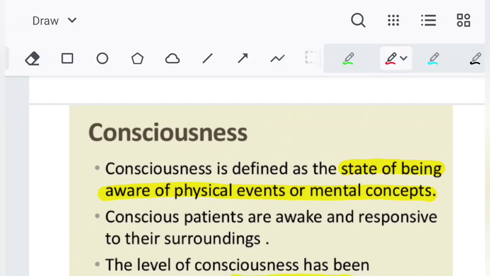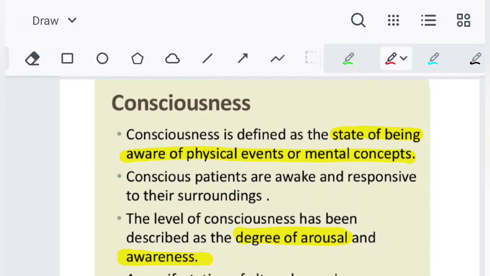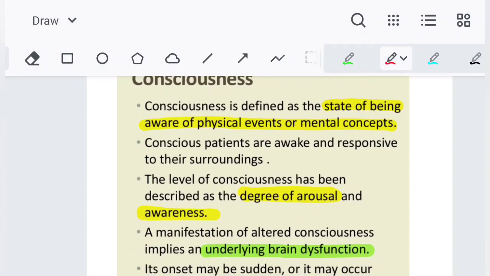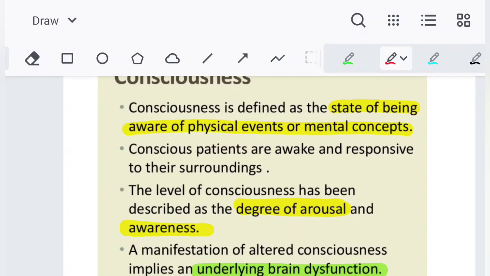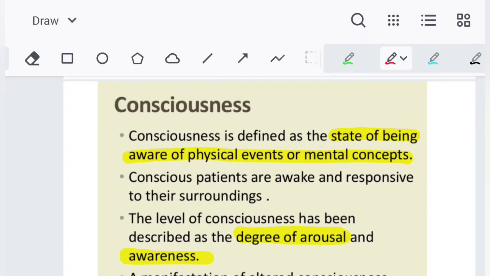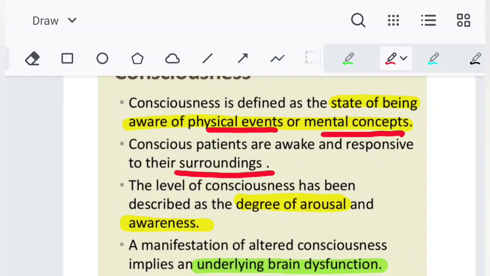So first let's define what is consciousness. Consciousness is defined as being the state of being aware of the physical events or the mental concepts. That is, being aware of the surroundings. This level of consciousness is also related with the degree of arousal and the awareness of the surroundings.